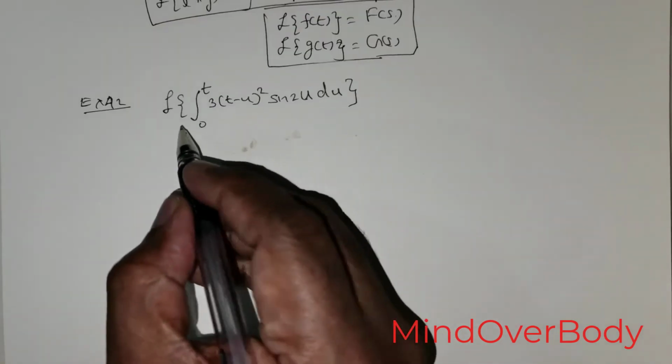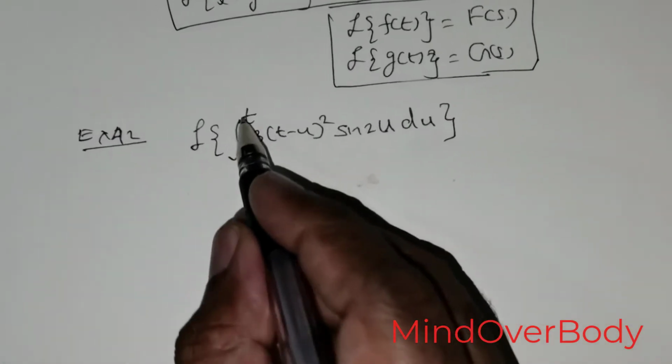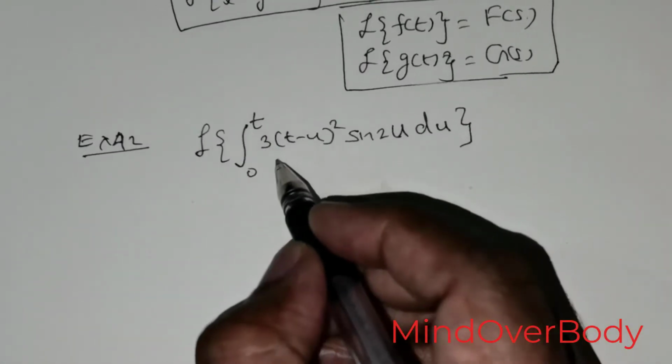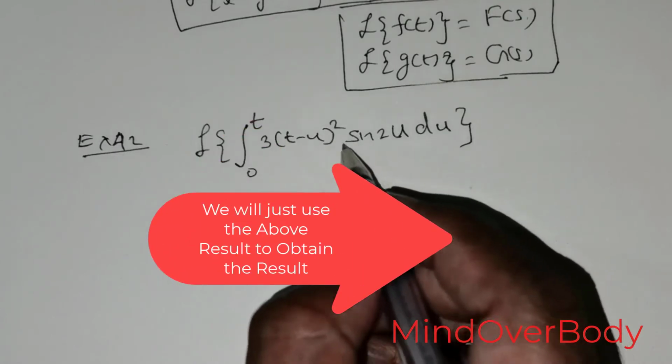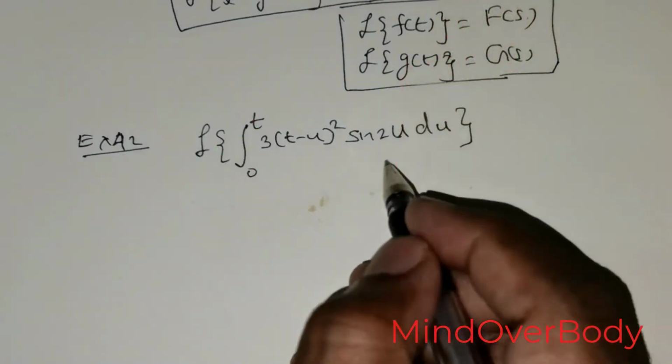Students, we are given this question. We are expected to find the Laplace transform of integral 0 to t 3 times (t minus u) raised to the power 2 times sine 2u du.